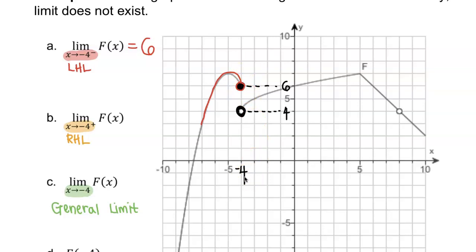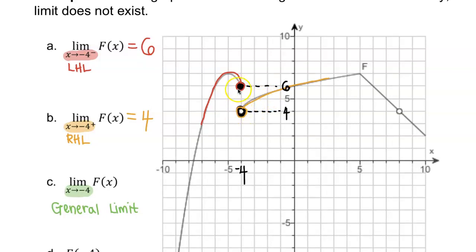Now let's read the right-hand limit. Let's get on the graph that is to the right side of this dot. I'm on that line, and it looks like we are going down to the y value of 4. So the left-hand limit and the right-hand limit are different this time. The left was going to 6, the right is going down to 4.